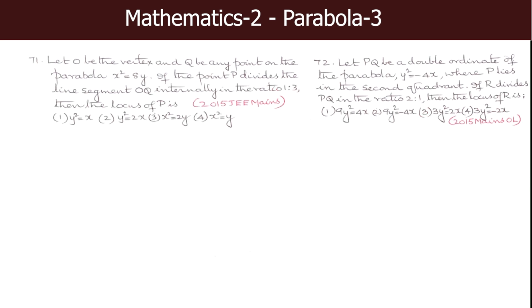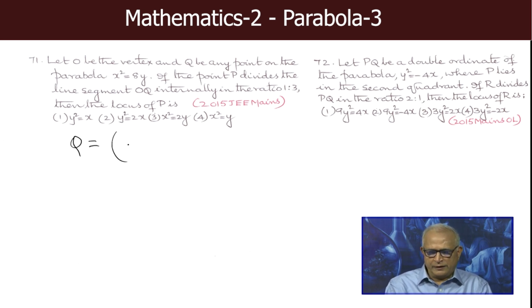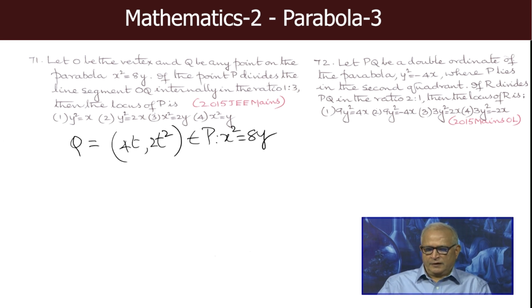Next, let O be the vertex and Q any point on the parabola x square equal to 4y. Q is any point on the parabola, so that is (2at, at square), that is (2t, t square).